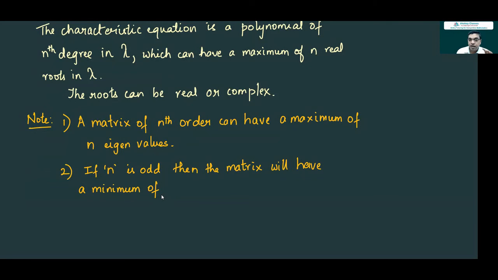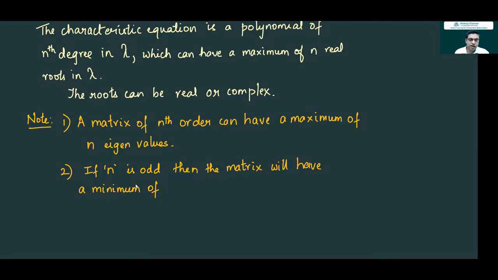So suppose n is odd. Let's say, more practically, all the roots are complex except that n minus 1 is even, so those many will be complex roots. There will be one real root.